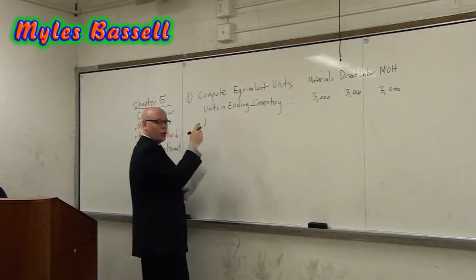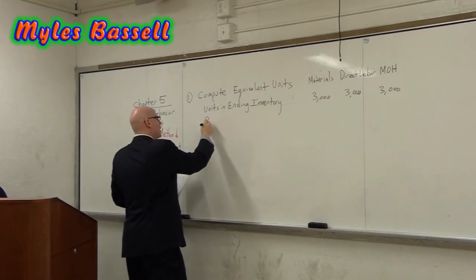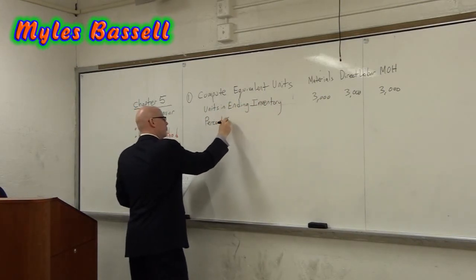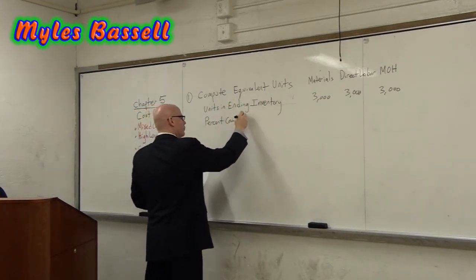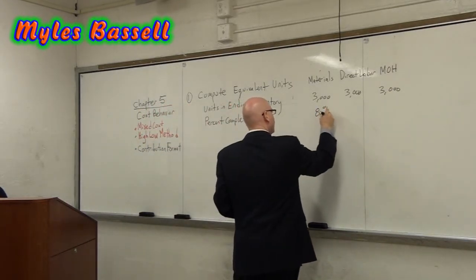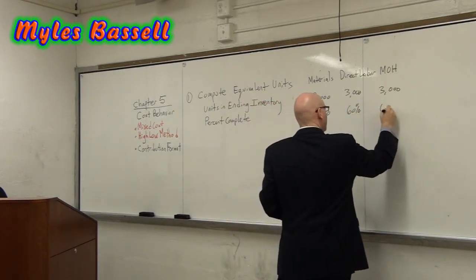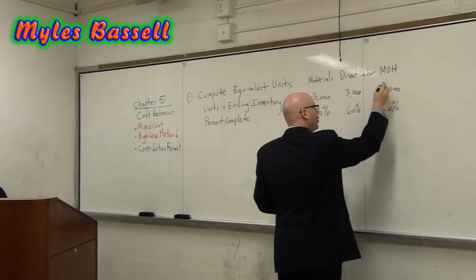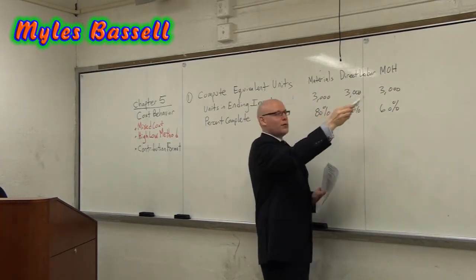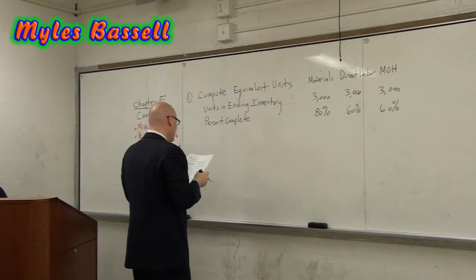So that's what we're told. We're told it's 3,000. Right, Damon, that's what it tells us for this company? And what about the percent complete? 80. All right, so it's 80% materials, 60 and 60. Everybody know? Yeah. Okay, good.